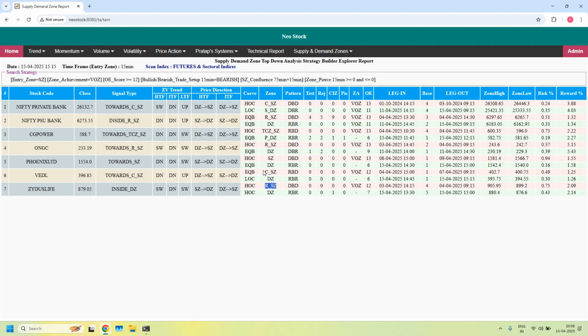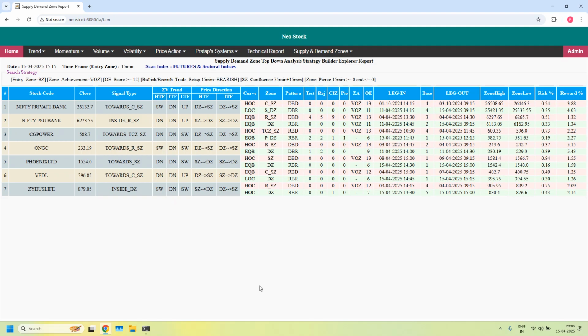All 15 minute supply zones, they are all overlapped with the 75 minute supply zone. Okay, out of these 7, the 75 minutes trend is down in all the stocks.